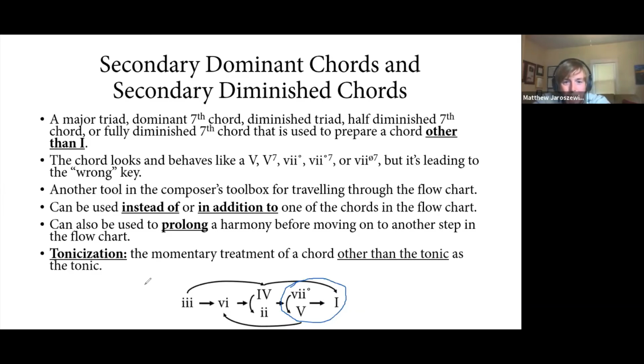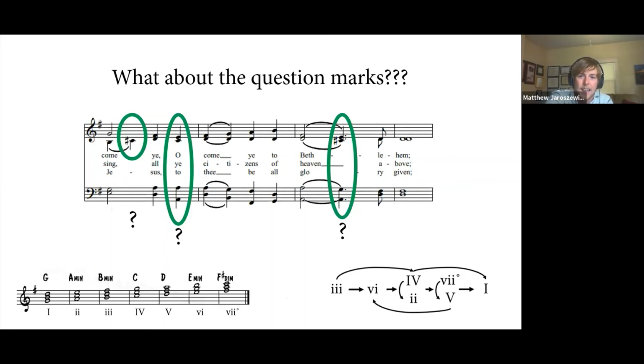So if you remember back to the second line of O Come All Ye Faithful, this chord here was a 6 chord, an E minor chord, and the chord on the 3rd beat was a 5 chord, and we did not know what the chord on the 2nd beat was. That is going to be a secondary diminished triad.